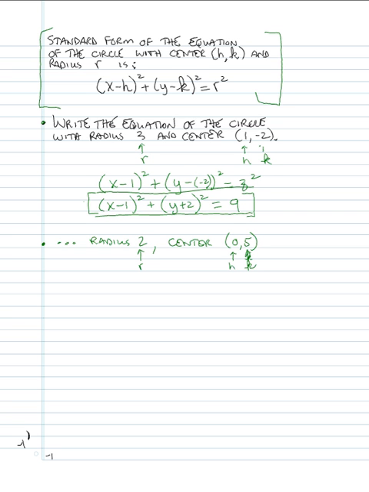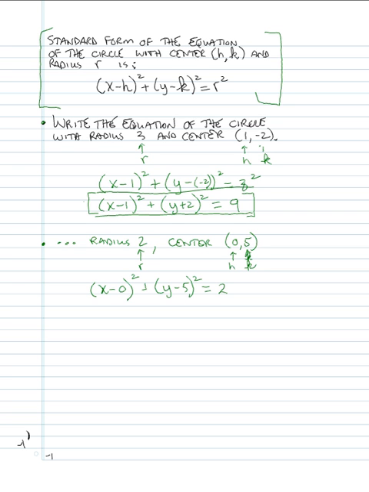So we just start right away. X subtract the x value of the center. Well, the x value of the center is 0, isn't it? Square that. Plus y subtract the y value of the center. And the y value of the center is 5. So we square that. And then that's equal to the radius squared.